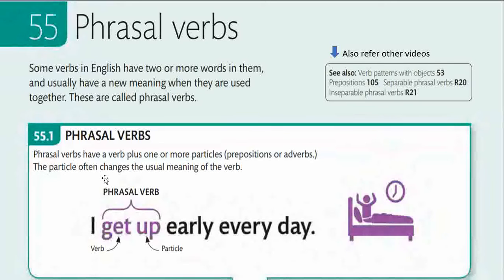The particle often changes the usual meaning of the verb. That means when they are together, neither the first word's meaning nor the second word's meaning is applied. Together they give a new meaning as per the language or the context in which we are using them.